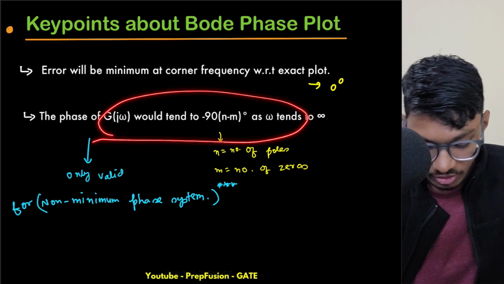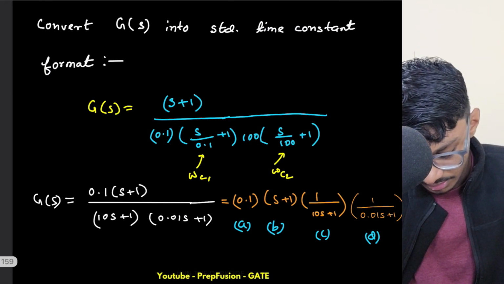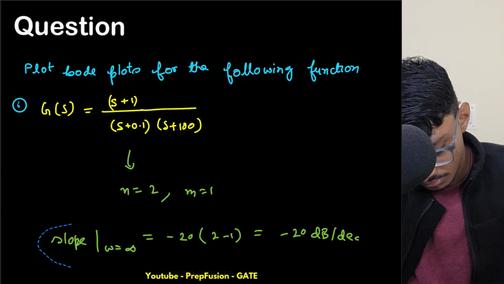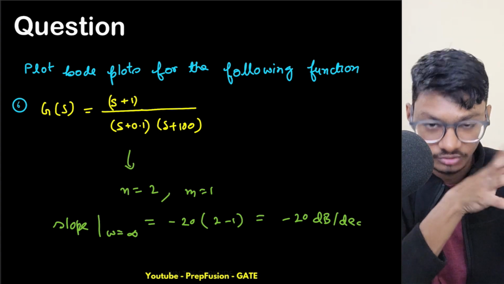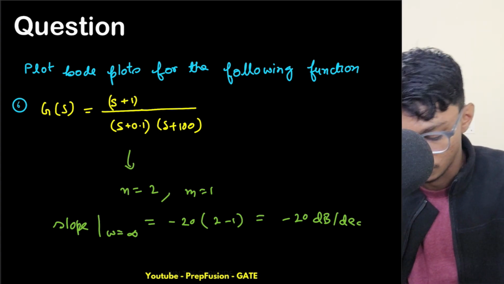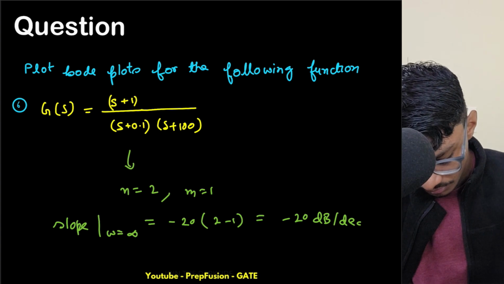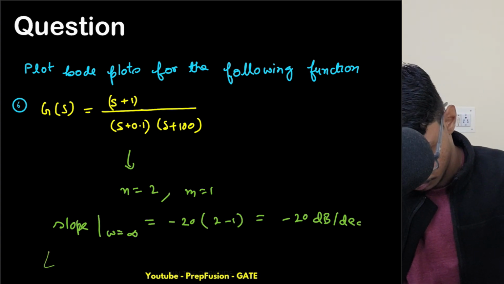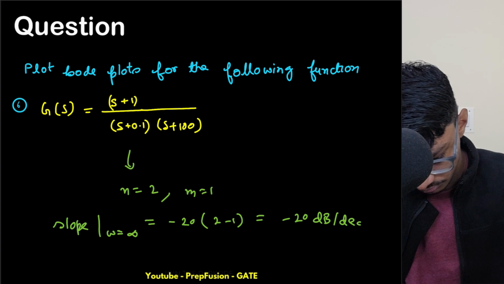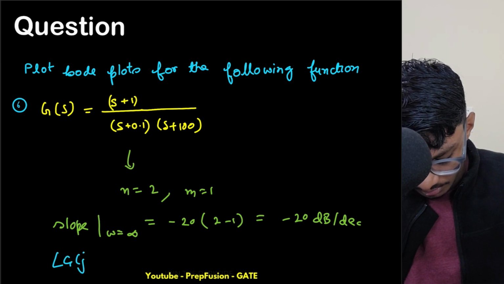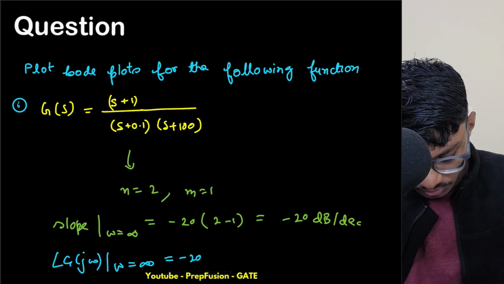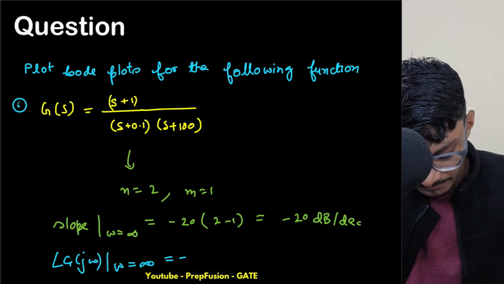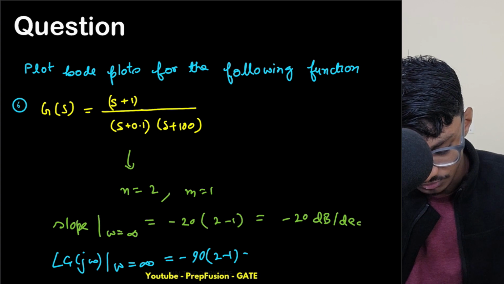If the Bode phase plot is given and you want to cross verify in the exam whether this is the correct phase plot for that particular transfer function, what you can do is simply take the angle of G(j omega) as omega tends to infinity, which equals minus 90 times (n minus m), basically the number of poles minus the number of zeros, which gives minus 90.